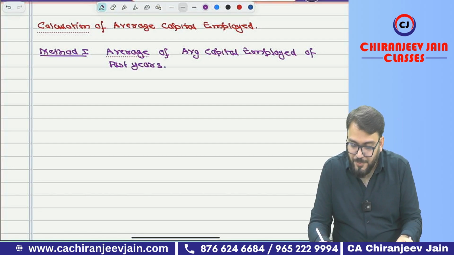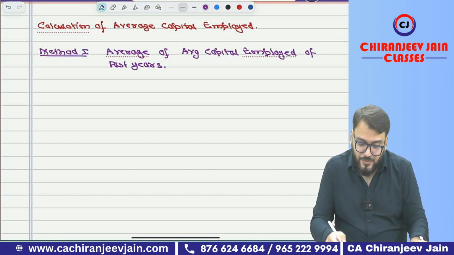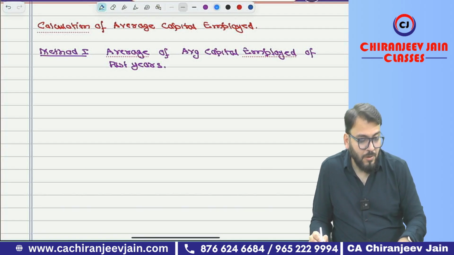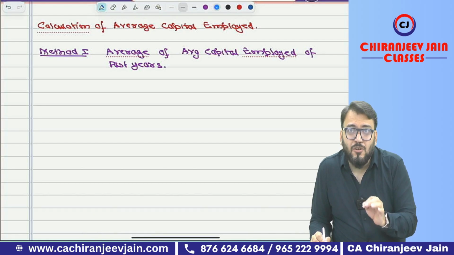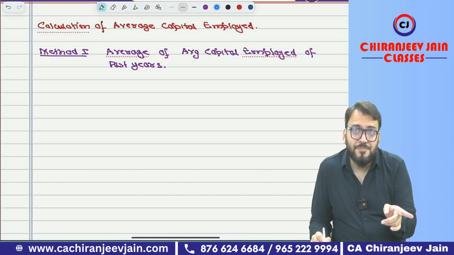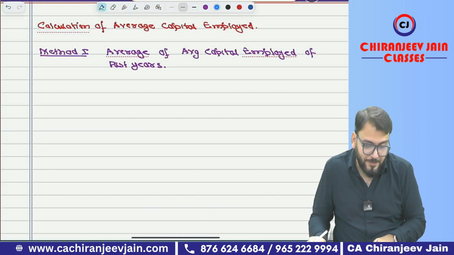Average of average capital employed of past years. Correct. It means we need to first find out closing capital employed of all the past years, then find out average capital employed of all the past years, and then make an average of the average capital employed. You have not understood. Let me take one example first.